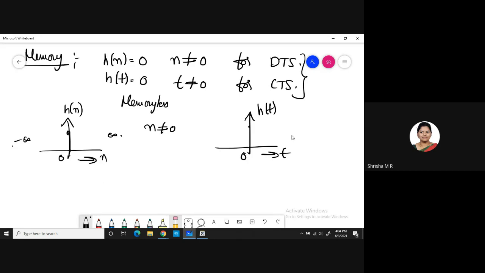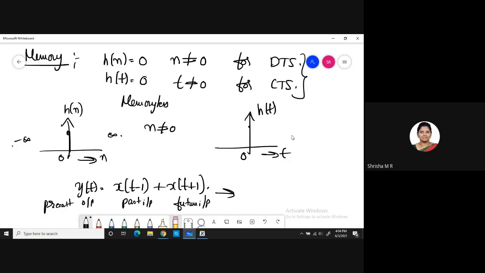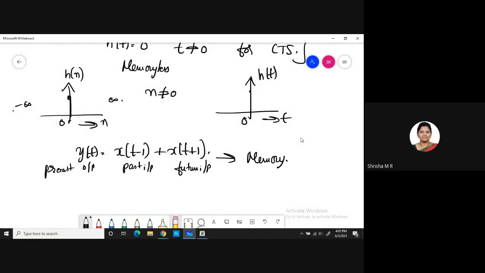So if y of t is equal to x of t minus 1 plus x of t plus 1, the present output is depending on past input and future input. So these are the systems with memory, correct? Which we have seen previously.